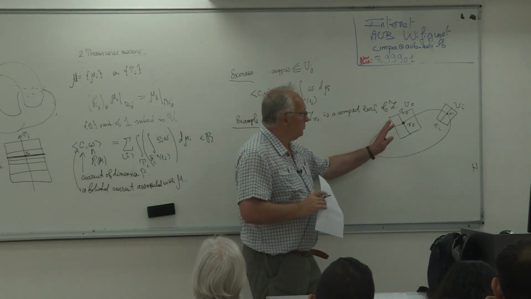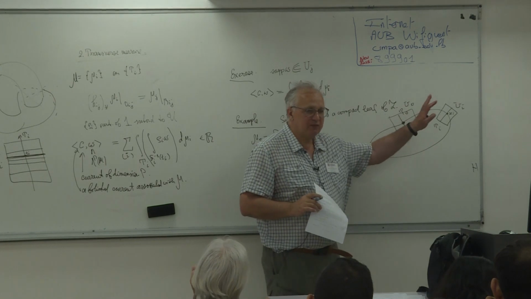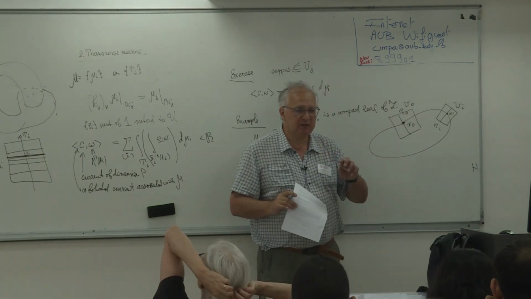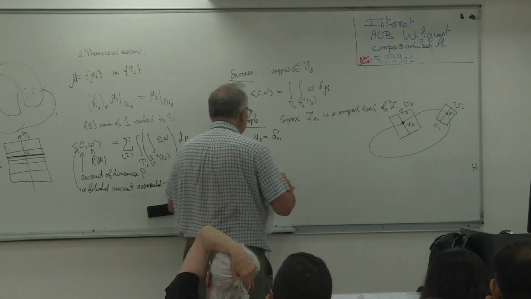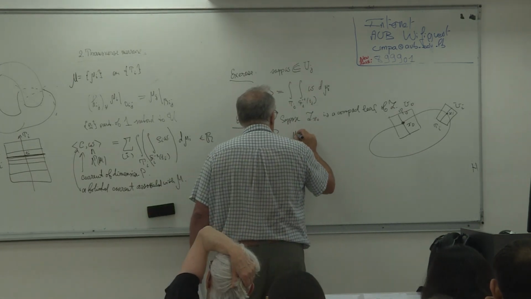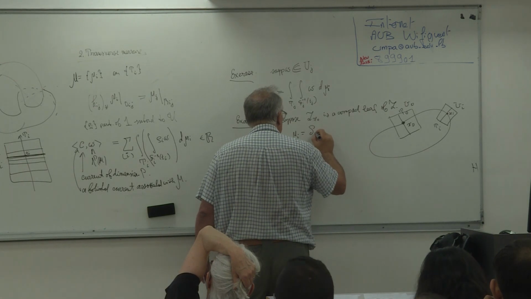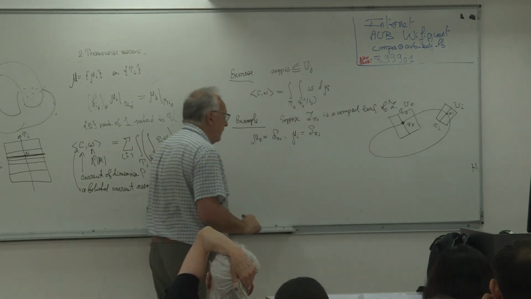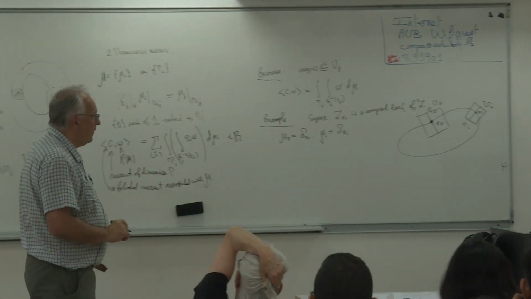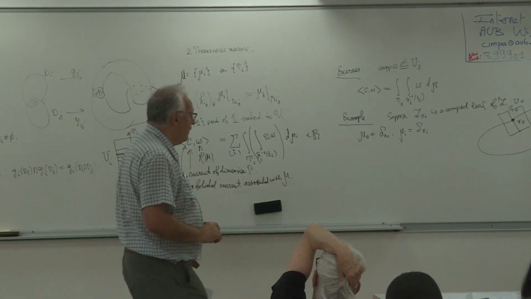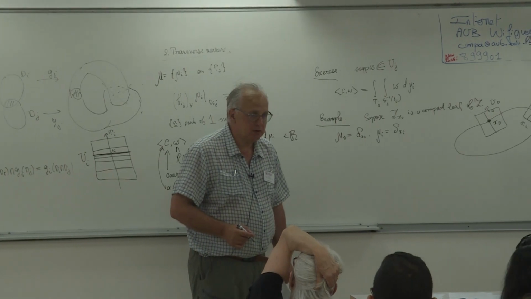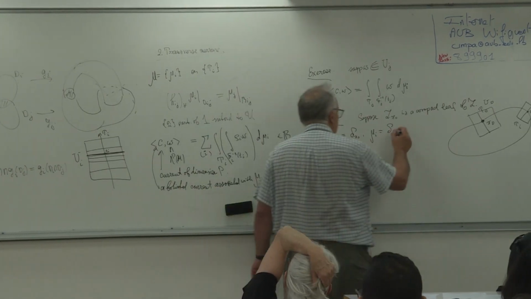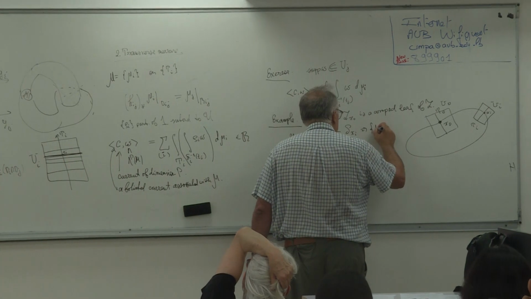If I took this foliated covering fine enough, there will be only one point. And I define mu_i as a delta measure of x_i. Now this is obviously a transverse measure.